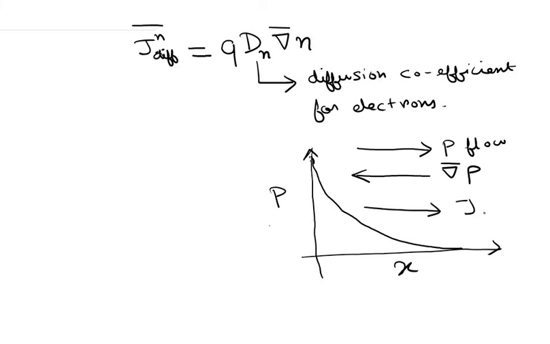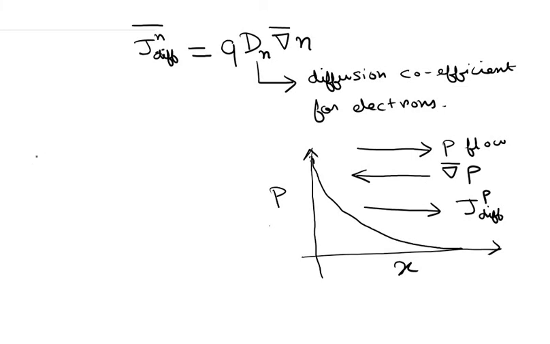So this is the direction of flow of Jp diff. Again this diff denotes diffusion current, and p denotes holes. So the diffusion current density for holes is directed opposite to the concentration gradient of holes.